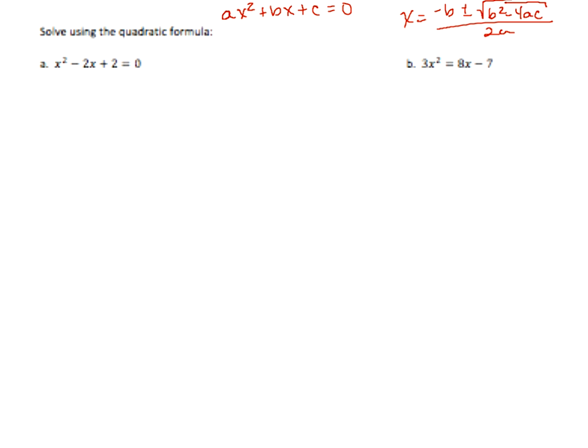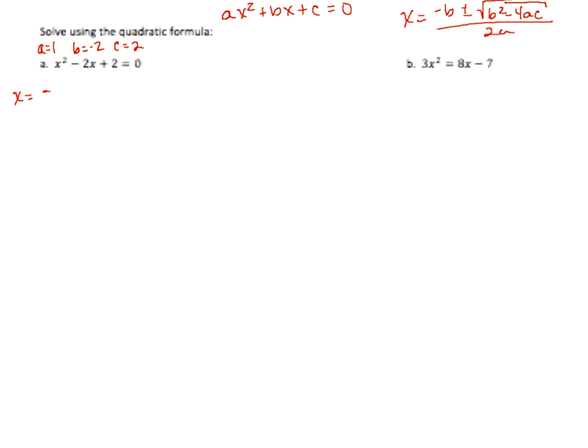So the first thing I want to do is make sure that it's in standard form, ax squared plus bx plus c equals 0, and it is already in the form I need it to be in. I'm just going to identify my a, my b, and my c. A is 1, b is -2, and c is 2. And then I just put it into the quadratic formula.